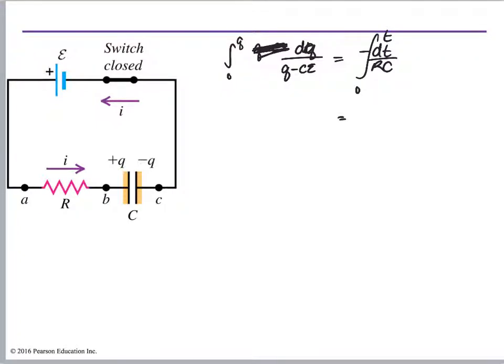This side is pretty easy. It's minus t over RC when we integrate it. This one, because it's dQ over Q, is a natural log.